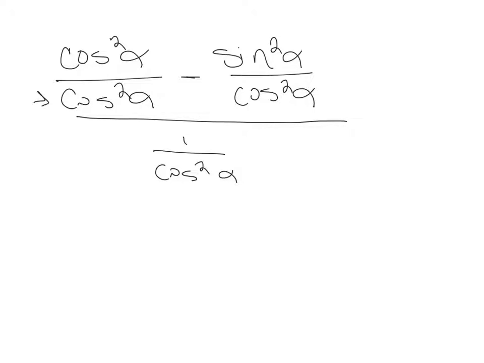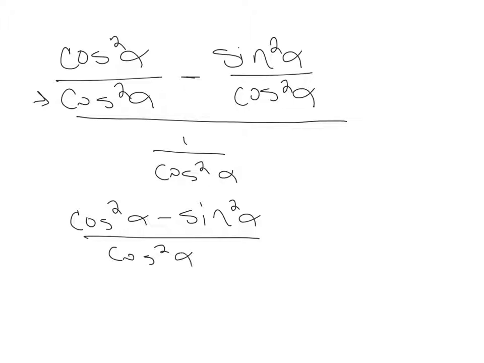Since now we have a common denominator, we have cosine squared alpha minus sine squared alpha over cosine squared alpha, times cosine squared, because this is division, so we flip the 1 on the bottom, and we can cancel. And if you look at your new identities, cosine squared alpha minus sine squared alpha is your double angle for cosine.